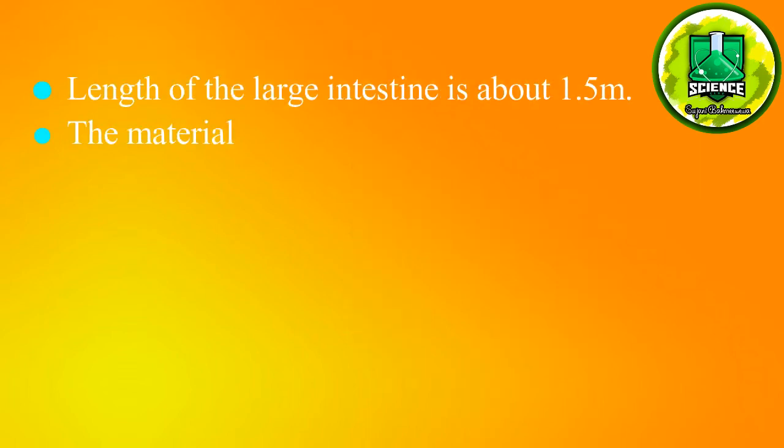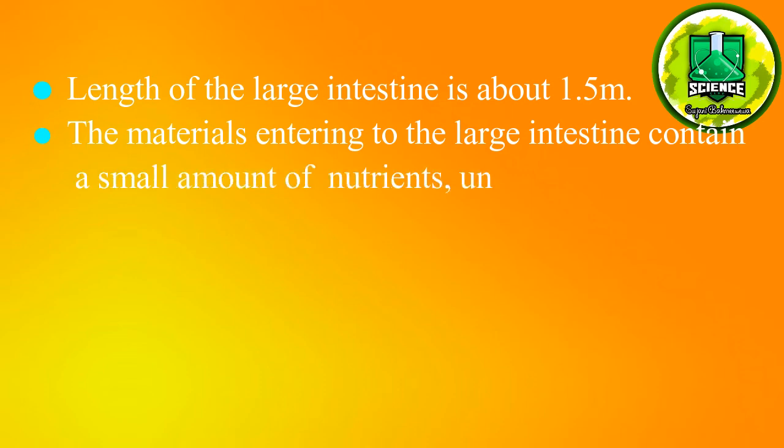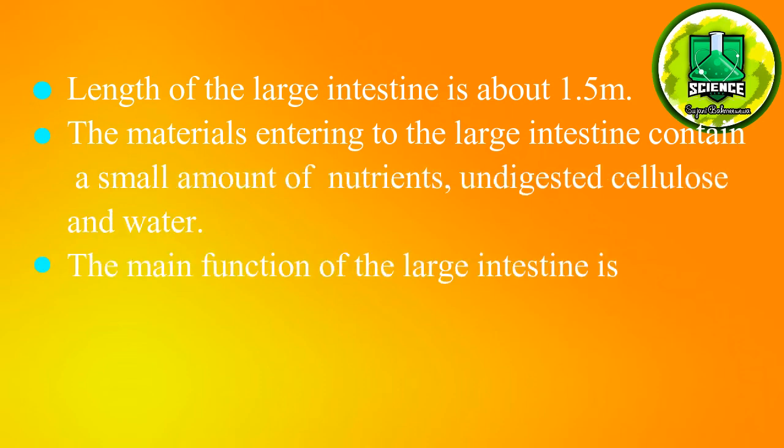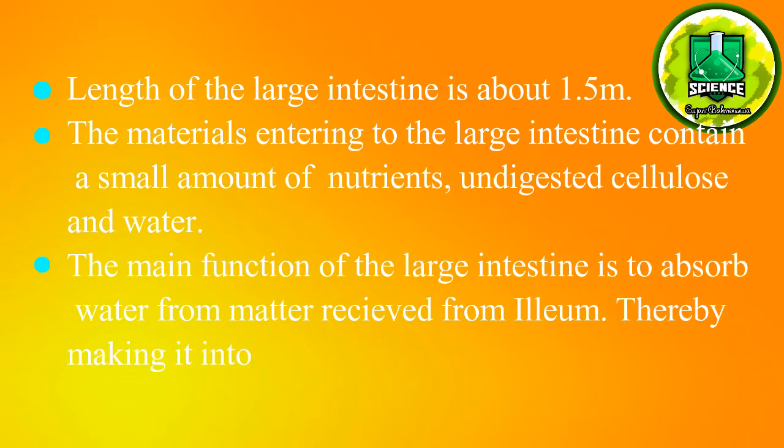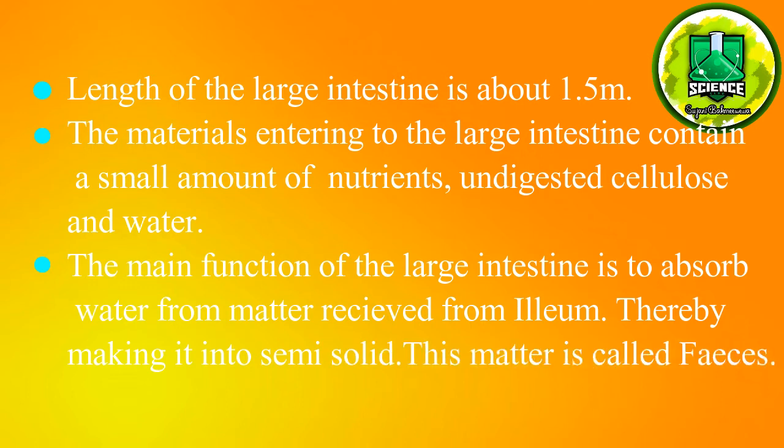The length of the large intestine is about 1.5 meters. The main function of the large intestine is to absorb water from matter received from the small intestine, thereby making it semi-solid. The matter entering the large intestine is known as fecal matter.